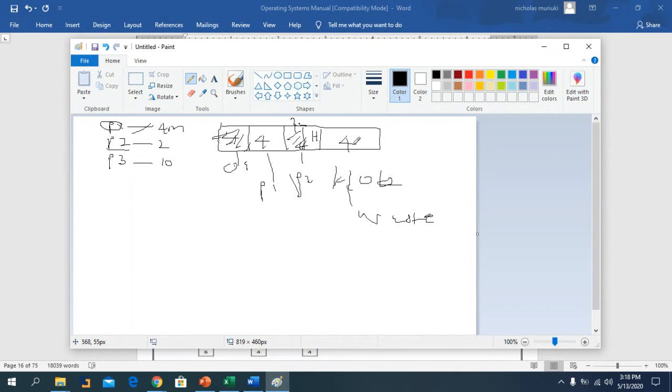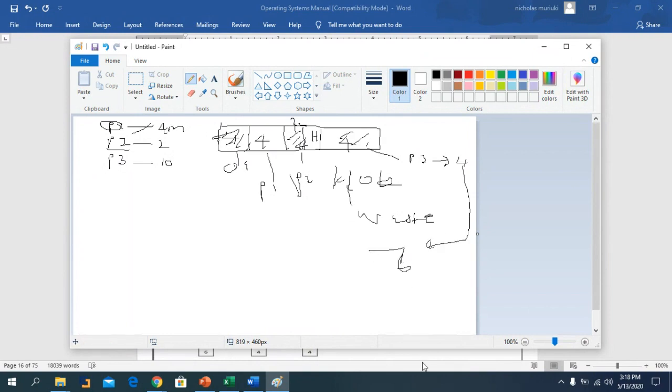For this case, when we are allocating these processes, we assume process 1 has not even completed, but we have to allocate process 3. So we allocate process 3 here. We are allocating only 4 of process 3, but the remaining is now 6.